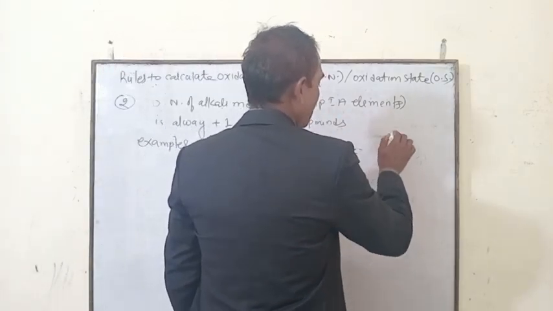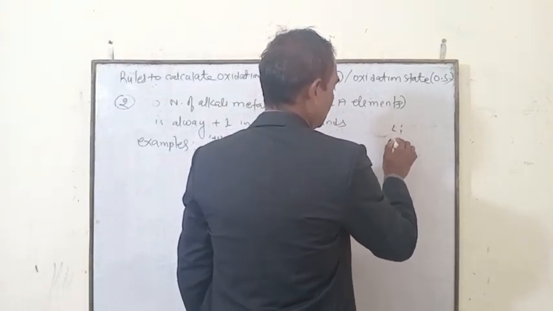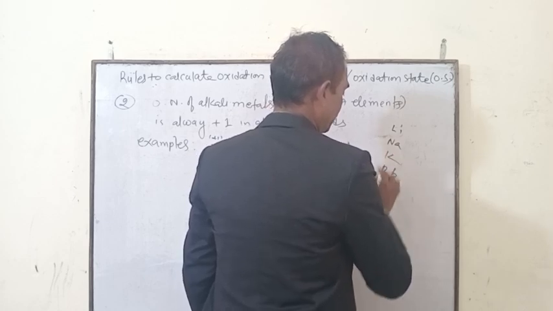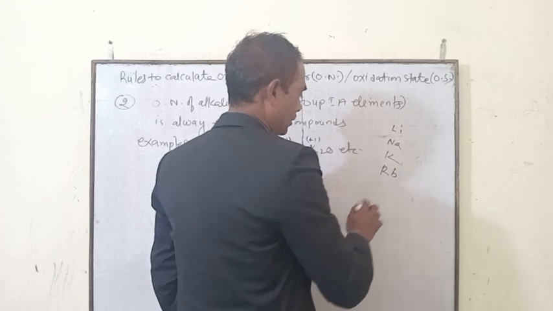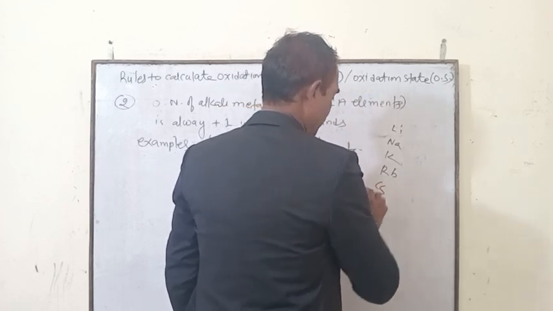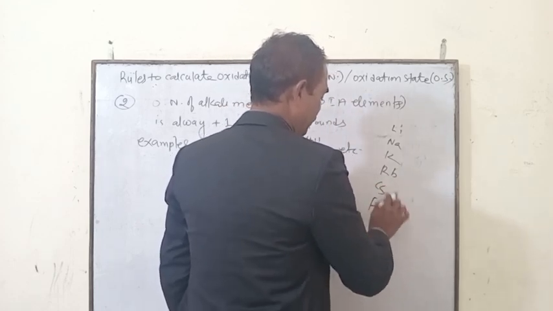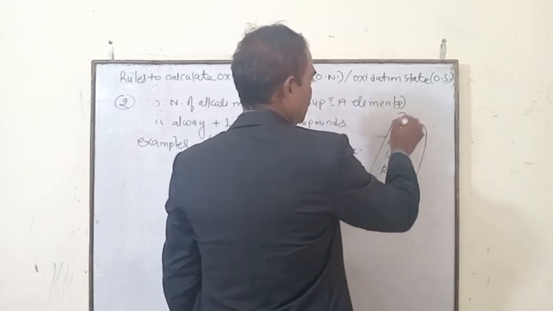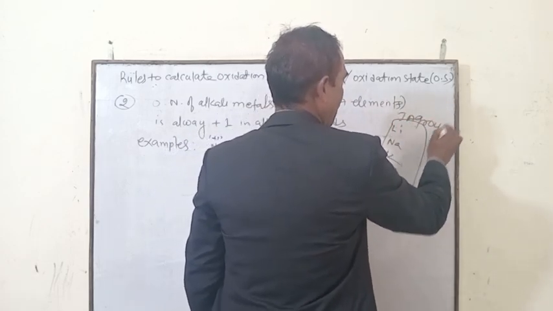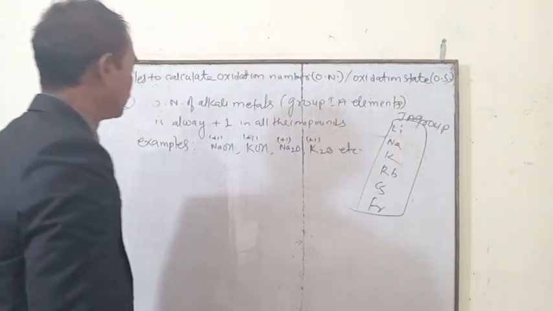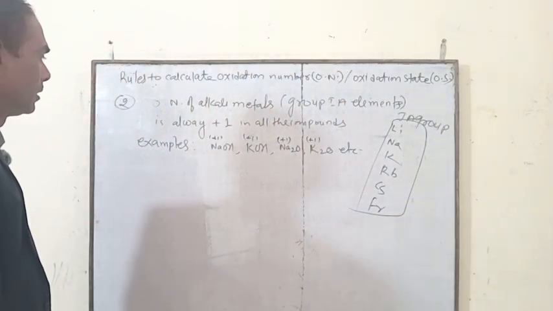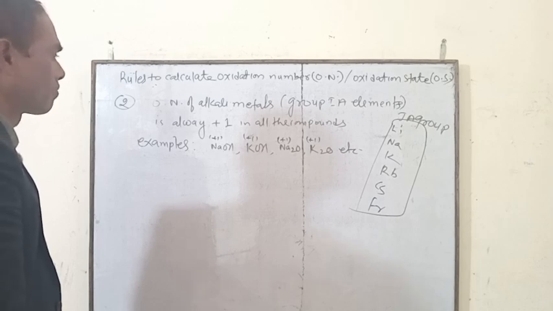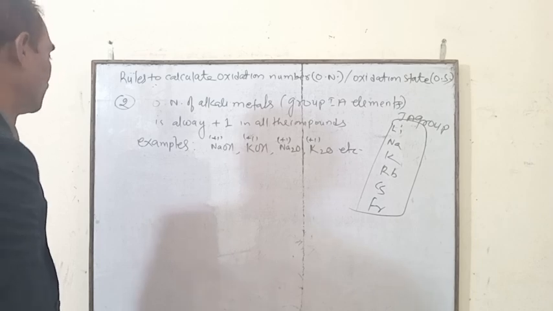In this group, lithium, sodium, potassium, rubidium, cesium, francium are the 1A group elements. If these elements are in combined form, then the oxidation number will always be equal to +1.